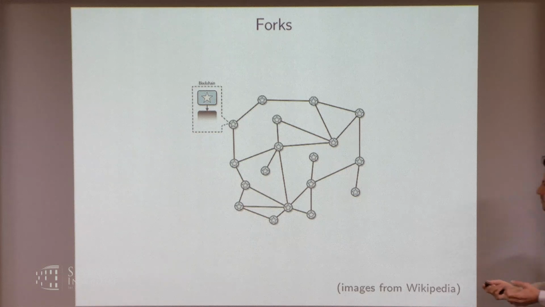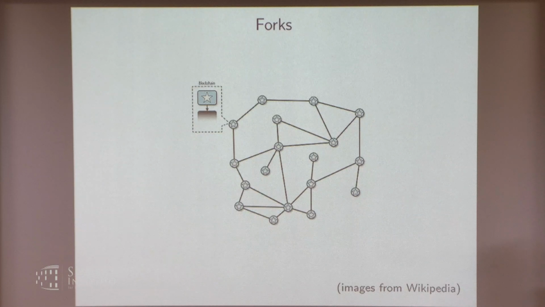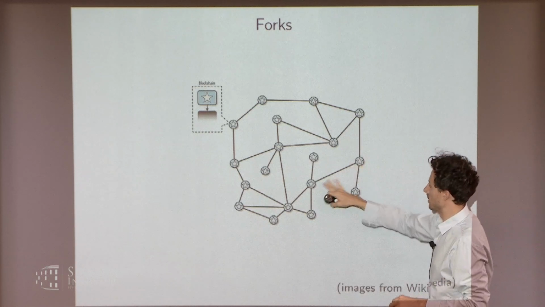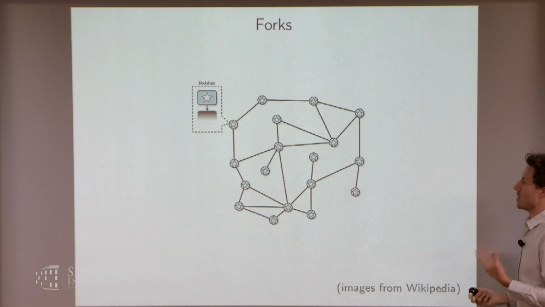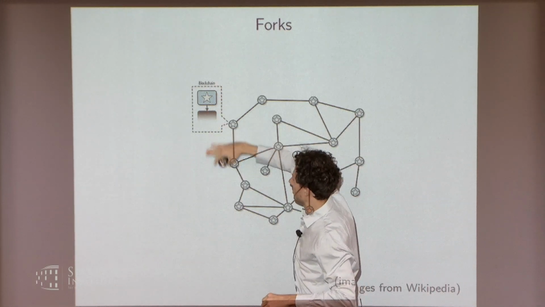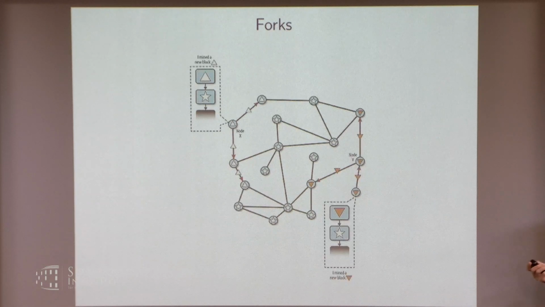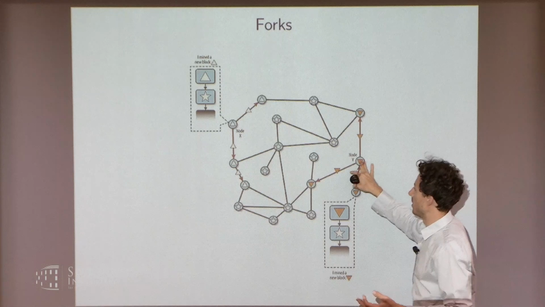So let's say this is the network of Bitcoin miners, so the nodes would be miners, the edges would be their connections. Then suppose we have a state where everyone sees this blockchain, and the star block is the last one. So what happens if two miners at the same time find a new block?